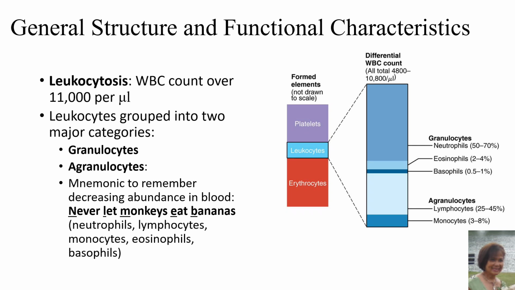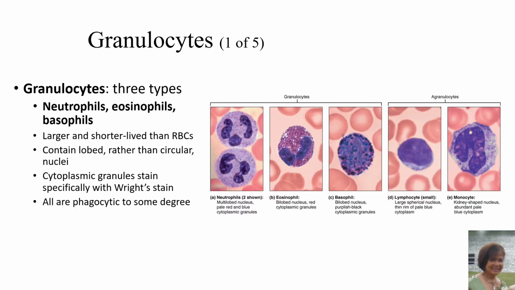Let's go to the classification of white blood cells. You have two categories by which white blood cells are categorized: the granulars and the agranulars. We're now into the granulars.